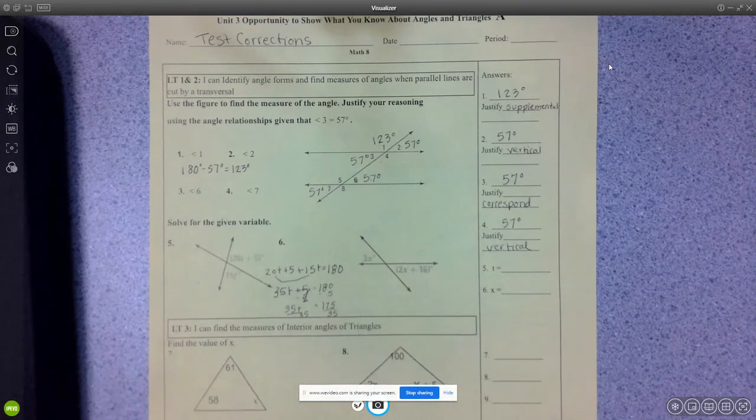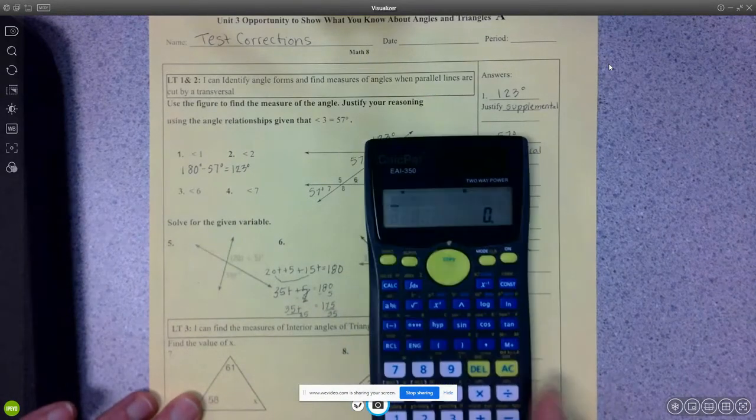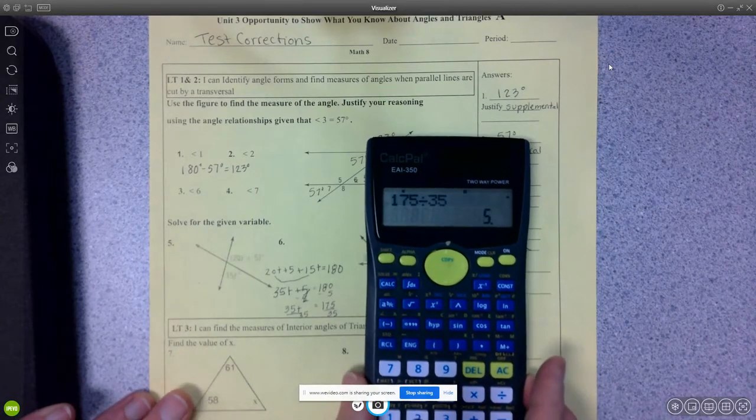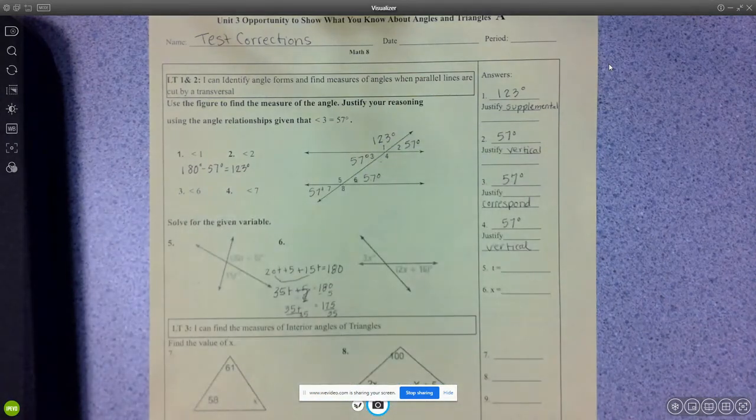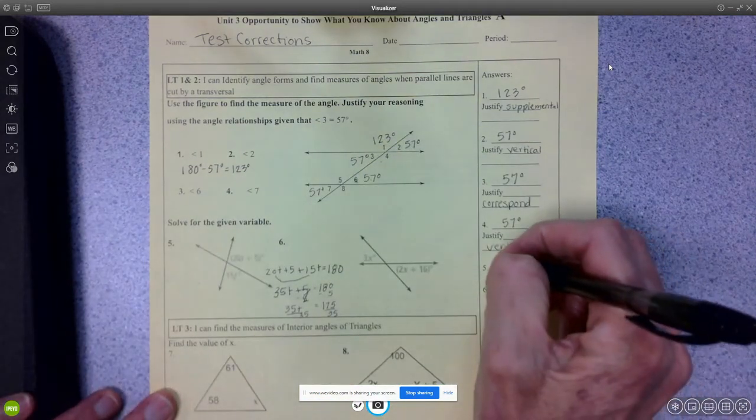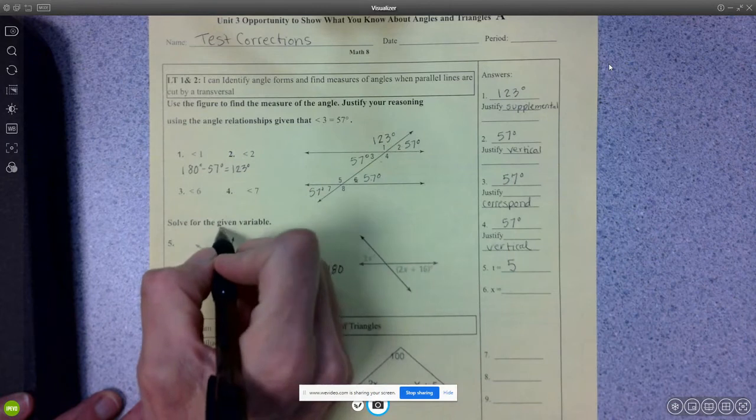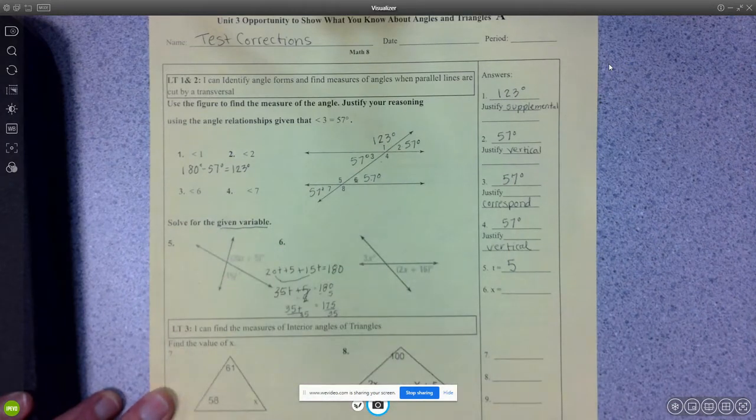In your calculator, 175 divided by 35 is going to equal 5. So my t, and all I had to do was solve for the given variable, t is 5.